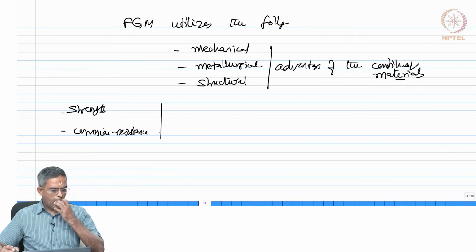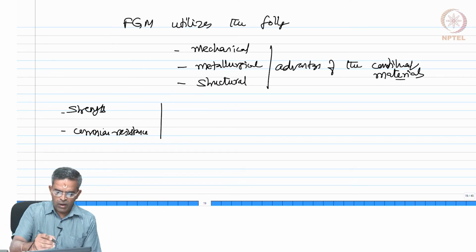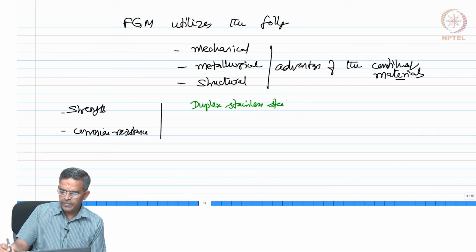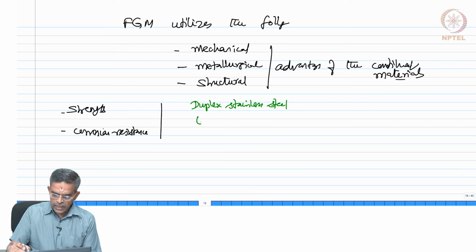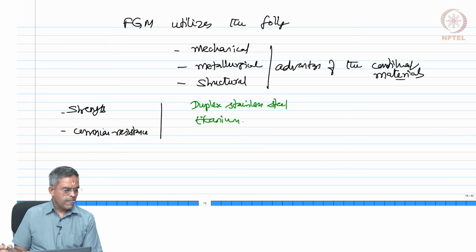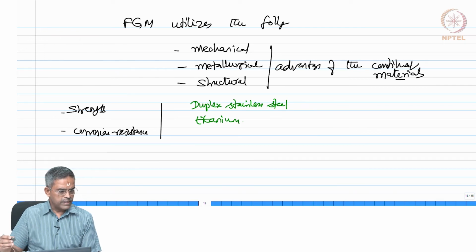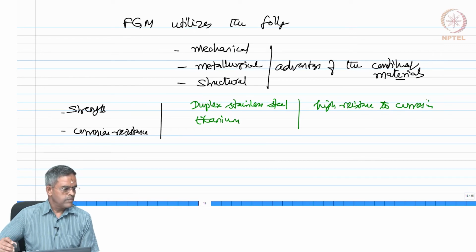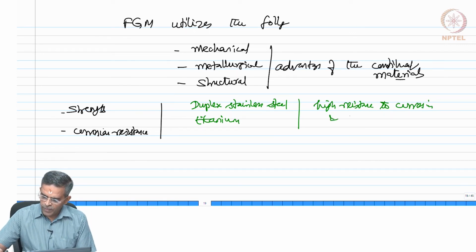For this, the materials available are duplex stainless steel, titanium, and carbon manganese steel, where they show high resistance to corrosion in acidic environment.